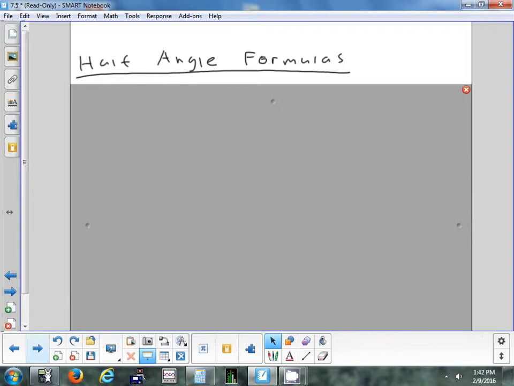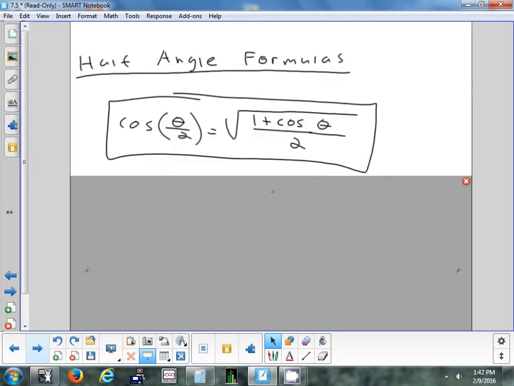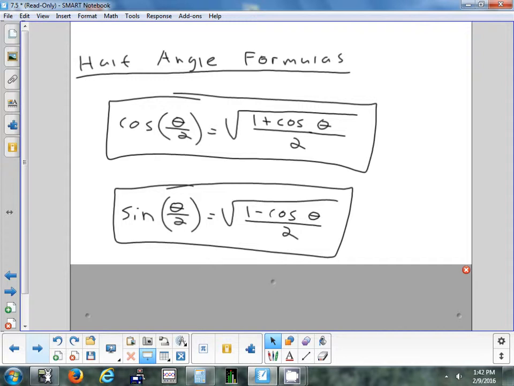And the last formulas, I'm just going to give them to you. If you want to write them, it's up to you, just so you have a complete notebook of all the basic trig identities. You got your fundamental, your sum and difference, double angle, and half angle. Those are the ones that are used in trig most often. I don't think we're going to do anything with half angle in this class.